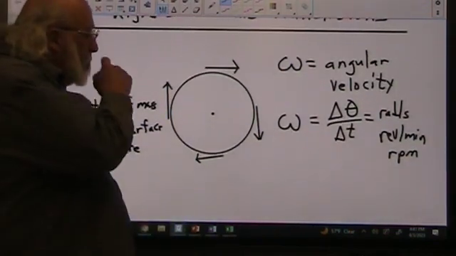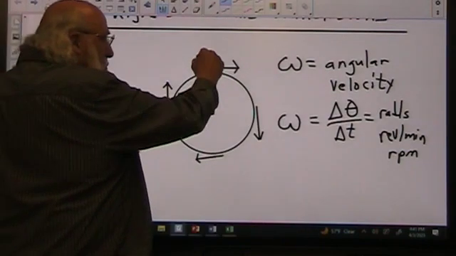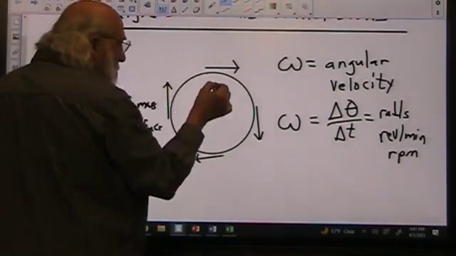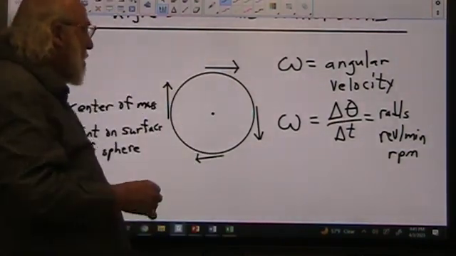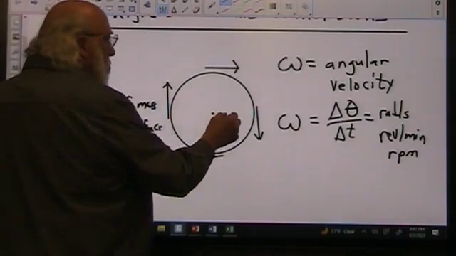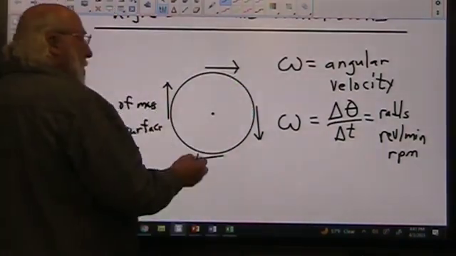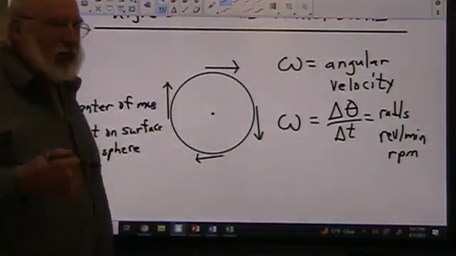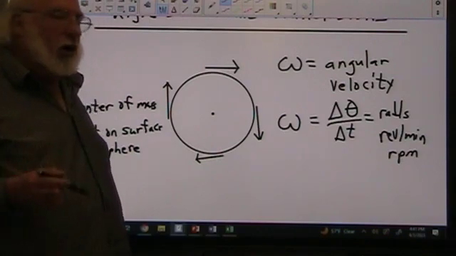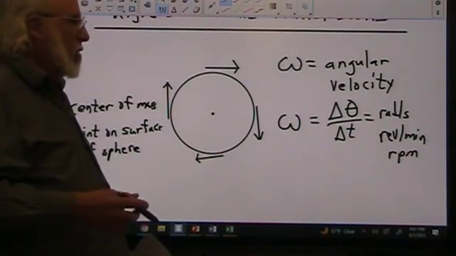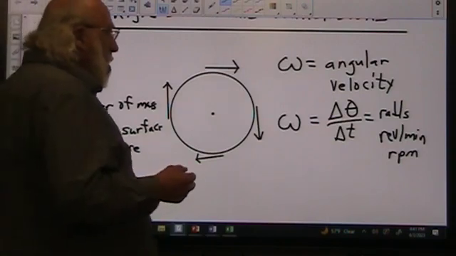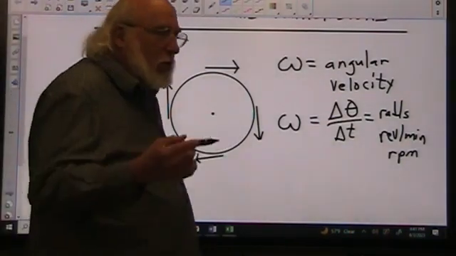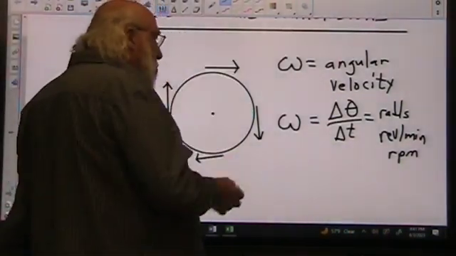And at the same time that we follow one of these points on the outside, we focus on the point on the inside. So how is this moving in relation to what's moving over here? And that's where the straight line portion of velocity comes in that we talked about when we were dealing with angular velocity, acceleration, momentum, whatever.